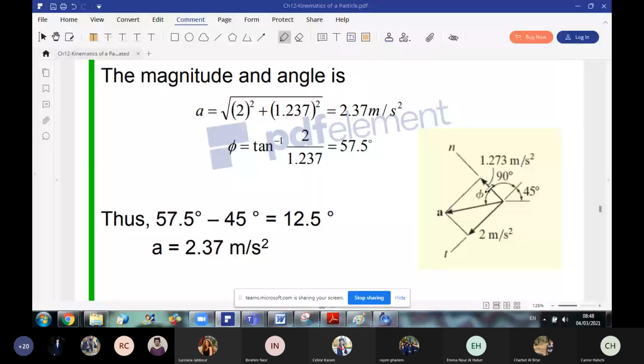So for example, if I decide to find its angle with UN, then I can say that tangent of phi is 2, which is AT, over 1.273, which is AN. This will give me the angle phi.